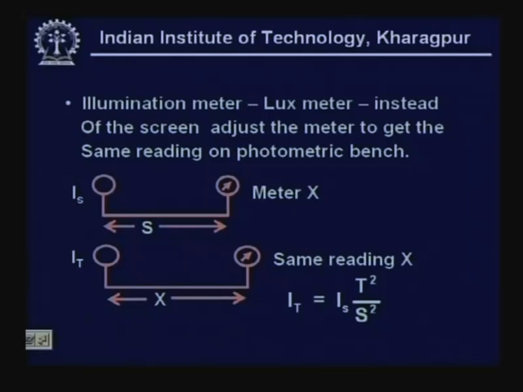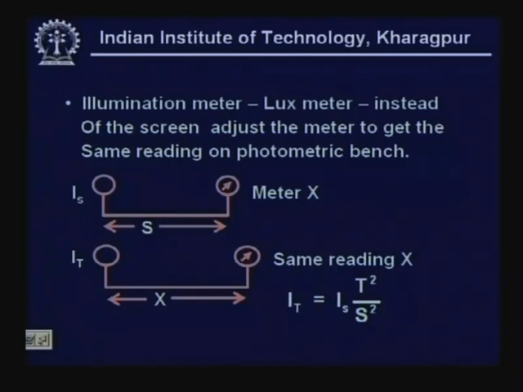Since we find the distance t between the test lamp and the meter for obtaining the same illuminance x, then we get the luminous intensity of the test lamp as Is multiplied by t squared over s squared. So, to some extent the subjectivity of using a photometric head is eliminated if we use a lux meter.